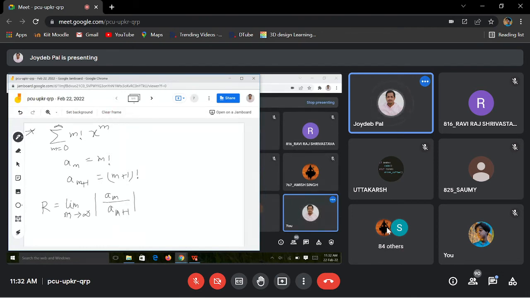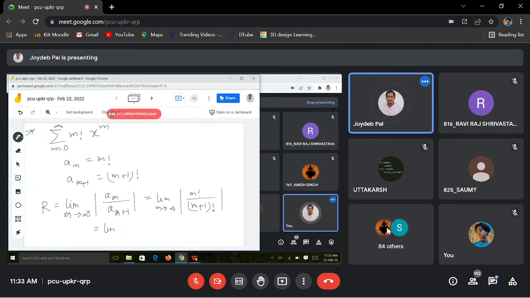That is the limit of m factorial divided by (m+1) factorial. Now (m+1) factorial is the larger one, so it can be written as (m+1) into m factorial. Then m factorial and m factorial cancel out.